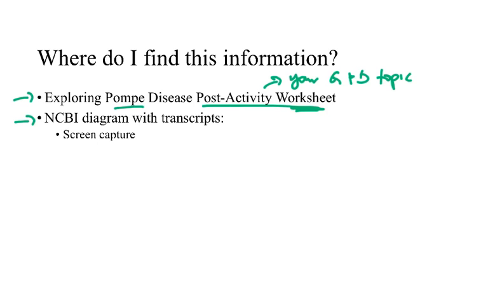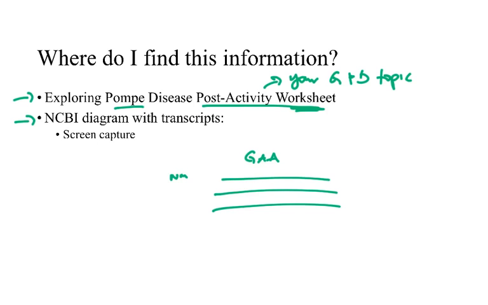So for most of the images, like I said, you can just create a shape in PowerPoint, but for the diagram with the transcripts, so remember that was where it said like GAA at the top, and then we had 3 transcripts, so we had 3 green lines that say NM whatever, and then those are exons.